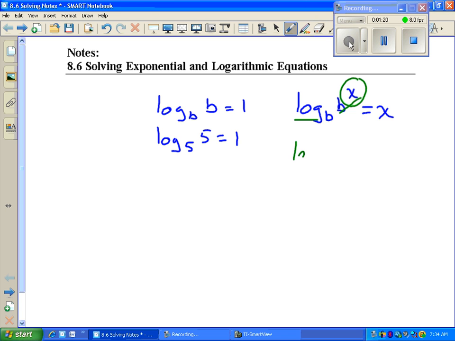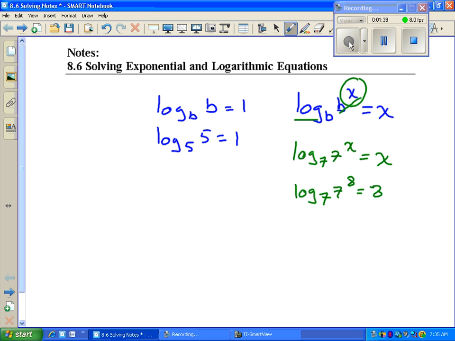So whenever you have log base 7 of 7 to the x power, the log and the exponent cancel, leaving x. So when we had problems that said log base 7 of 7 to the 8th, my answer was always 8.